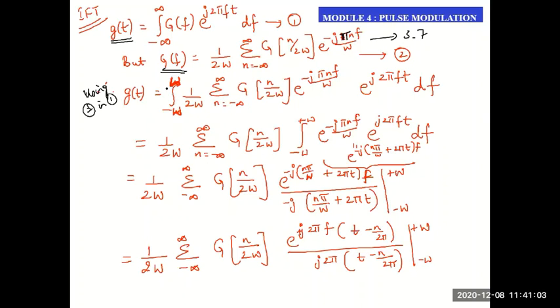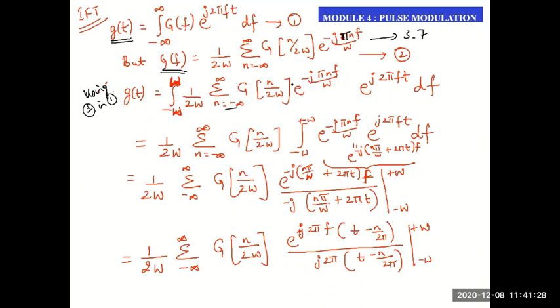We know the limits for integration have to be applied between minus w to plus w because the signal exists only between these values. 1 by 2w, I have substituted the value of g of f here into e power j 2 pi ft df. We have exchanged the summation and integration, and g of n by 2w is a constant.